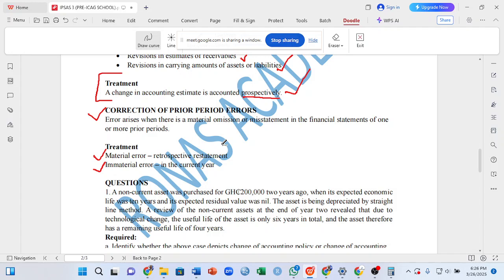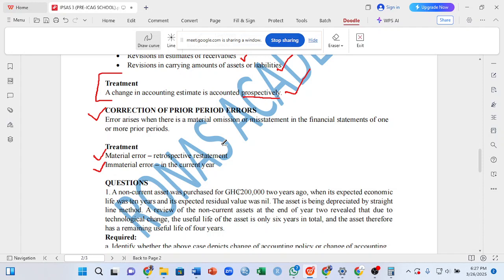That's going deeper into FR. So if there is a change in respect of presentation, measurement, or the selection of the item, then it will warrant a change in accounting policy. That's for accounting policy specifically.